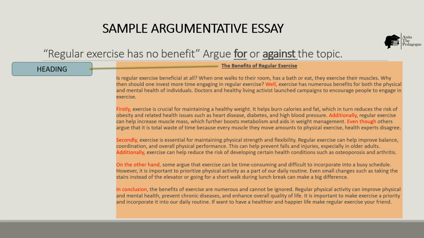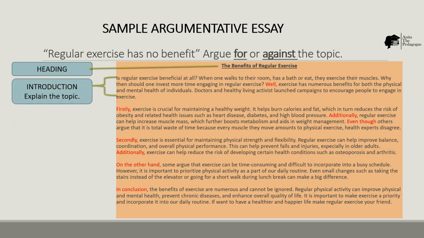It says the benefits of regular exercise, telling us right away that the writer is going to argue against the topic. It means that the writer does not accept that regular exercise has no benefits, but rather believes that regular exercise has some benefit. And so this particular heading helps us to know that the writer is arguing against the topic.